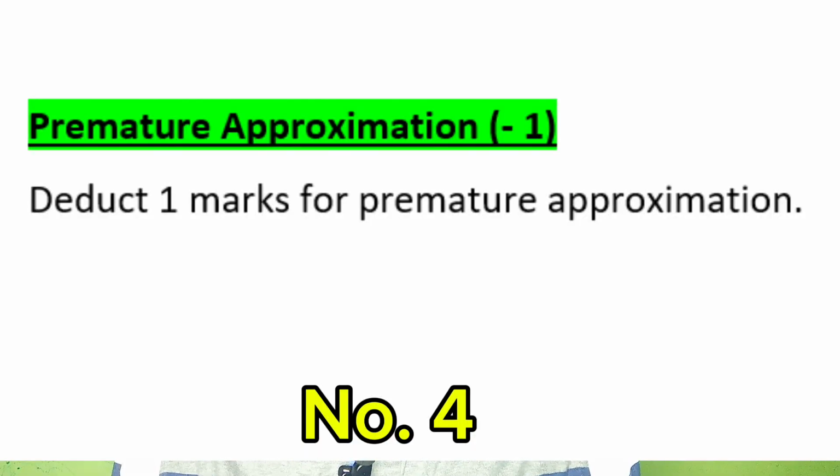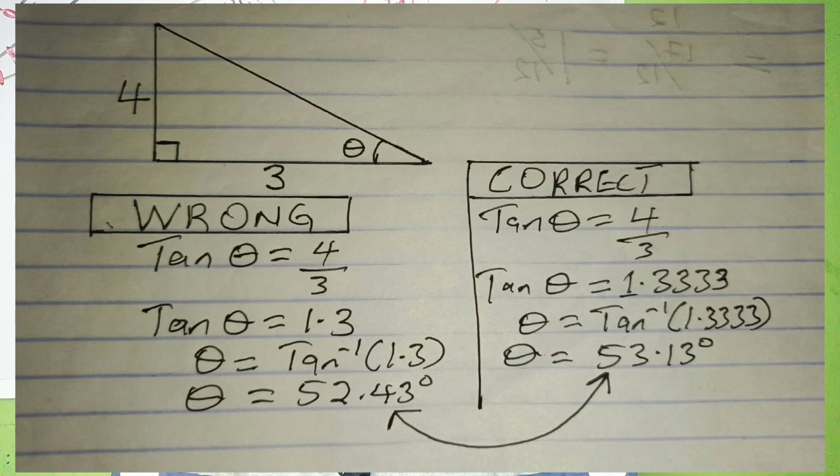Premature approximation attracts -1. Deduct 1 mark for premature approximation. What does that mean? Let's look at the triangle again, where we have 4 as the opposite and 3 as the adjacent. Tan theta will be equal to 4 over 3, which should give us 1.333.